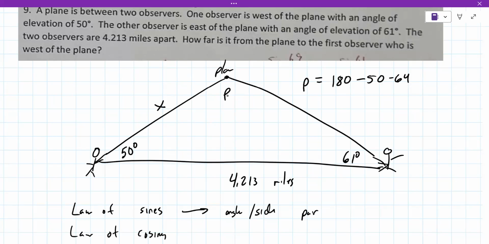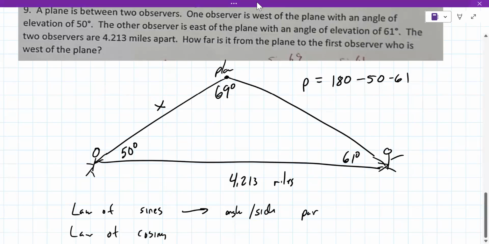I got 66. I'm sorry, I don't know why I put 64. It's 61. So it ends up being 69.